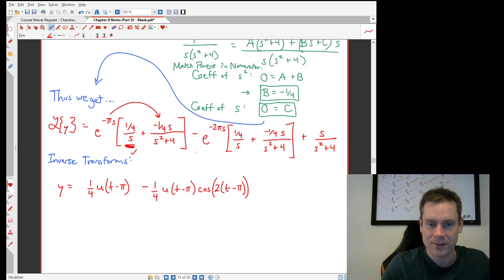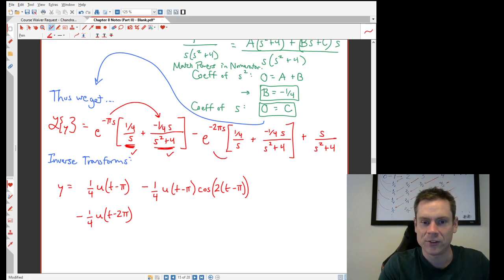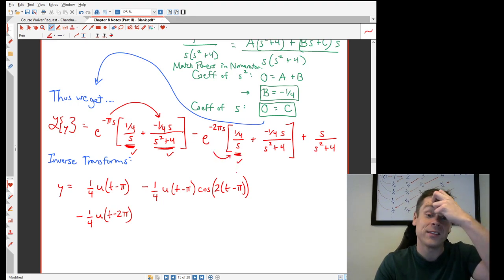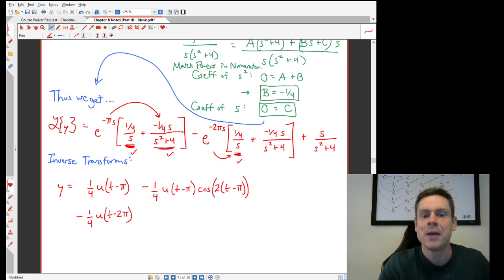The second one. So we've now done this, and now we want to do the next one. So we have minus a quarter, but this time it's u of t minus 2 pi, and that's this term right here. So we've done that, no problem. That's just a basic Heaviside function as well. But now we have to multiply that by this term here. I have a minus a quarter, that makes plus a quarter.